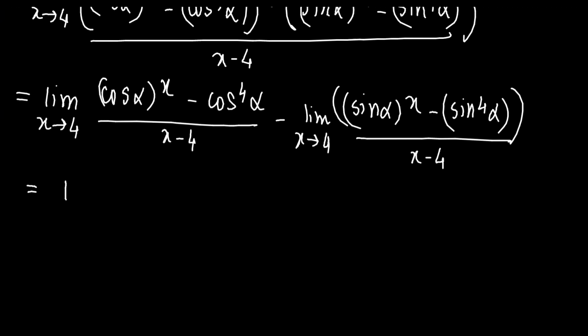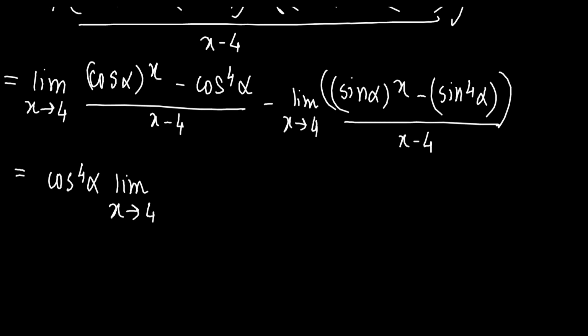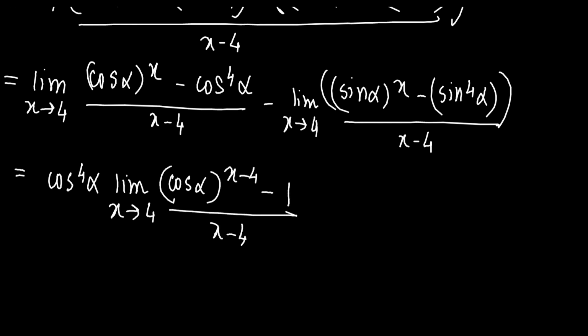Now another very important thing. From this I will take cos 4 alpha common, into limit x tends to 4, since it's a constant it will go outside. Now this will be cos alpha to the power x minus 4 minus 1, by x minus 4.